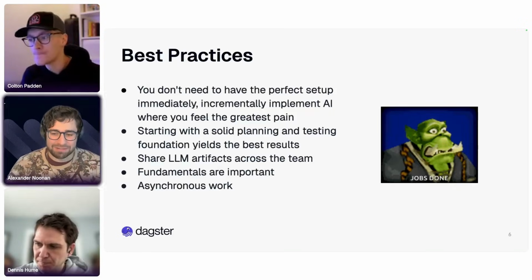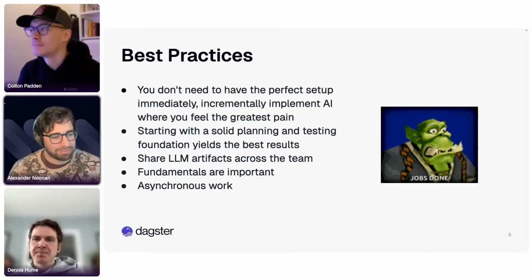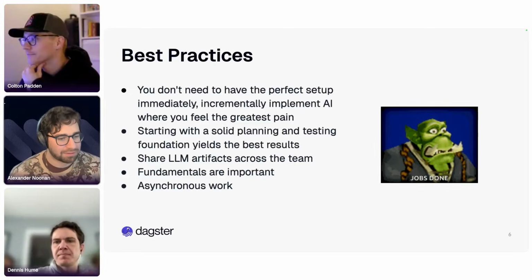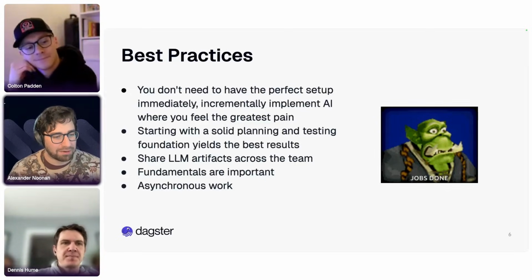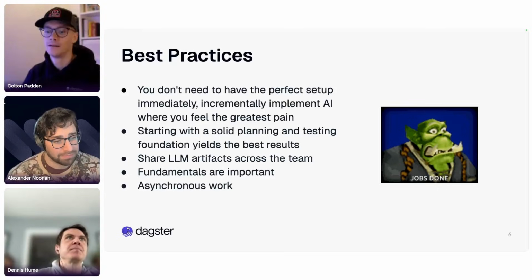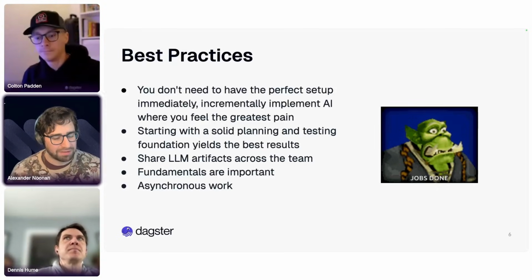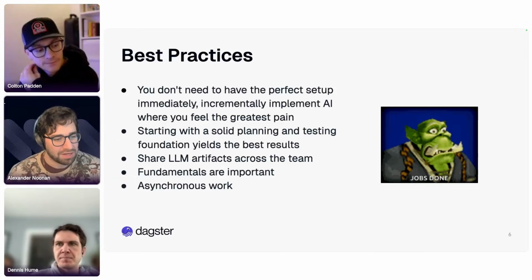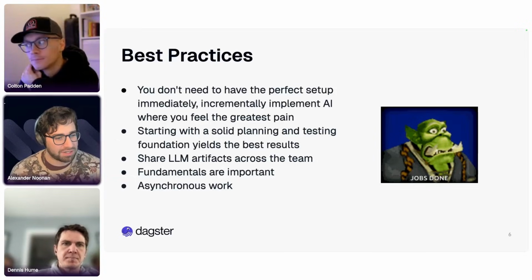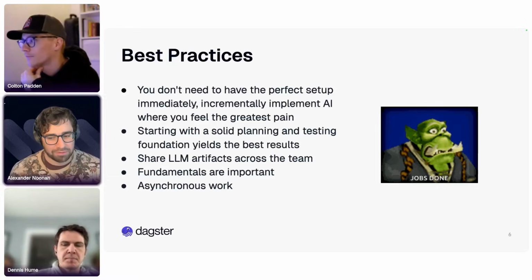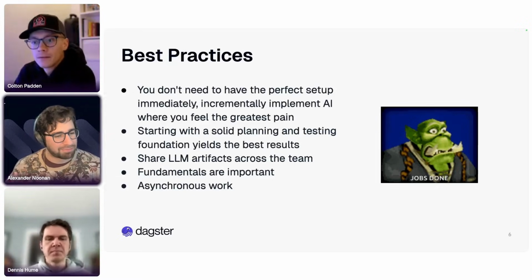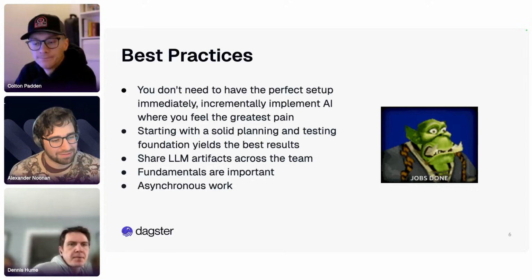And then when it comes to the best practices, you don't need to have the perfect setup immediately. The way that we've found is incrementally implementing AI where you feel the greatest pain and where you feel you can get the greatest leverage. And we found that when implementing guardrails around your LLM development process, a solid planning and testing foundation yields the best results and prevents you from ending up with this slop super spreader that can happen with these LLMs.